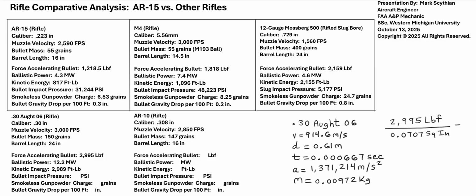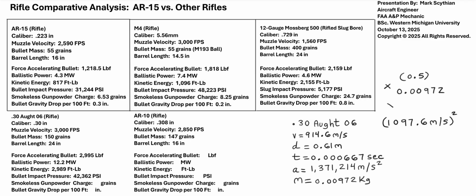We divide the 2995 pounds by 0.0707 square inches. So the 30-06 has a bullet impact pressure of 42,362 psi.